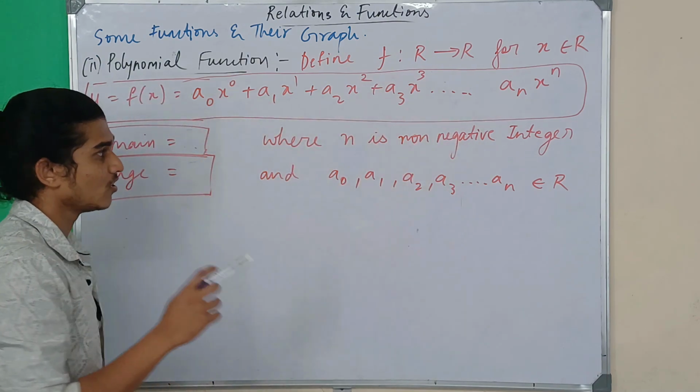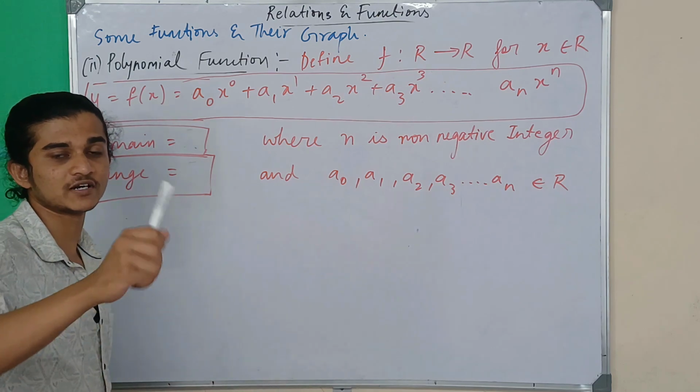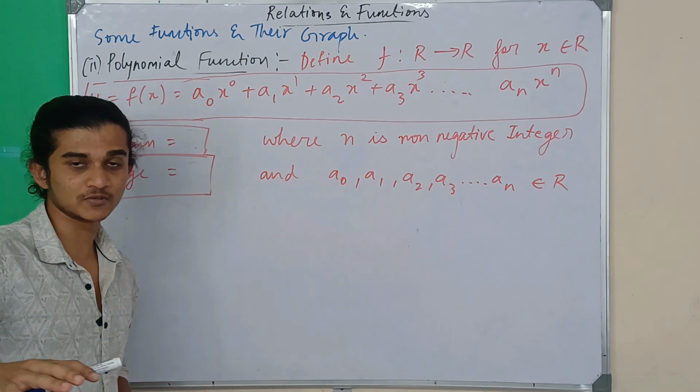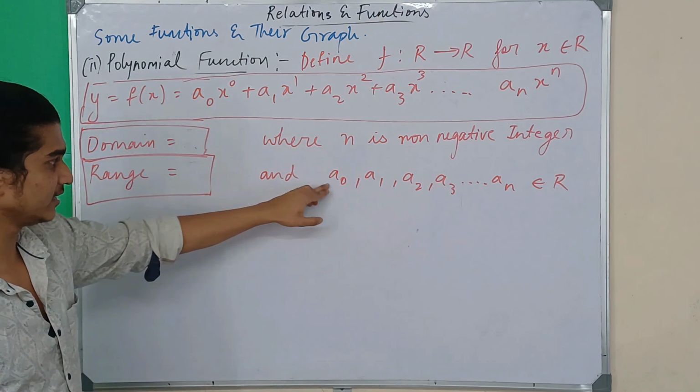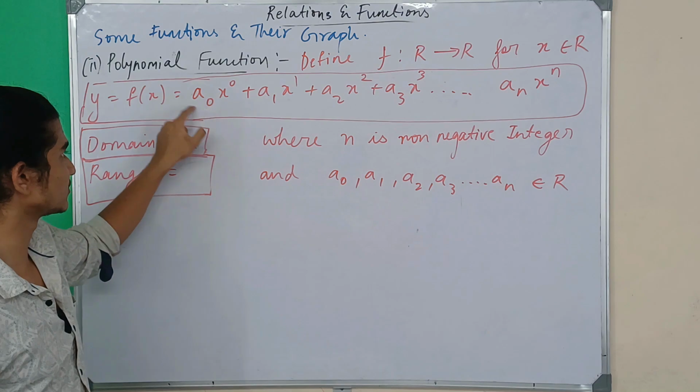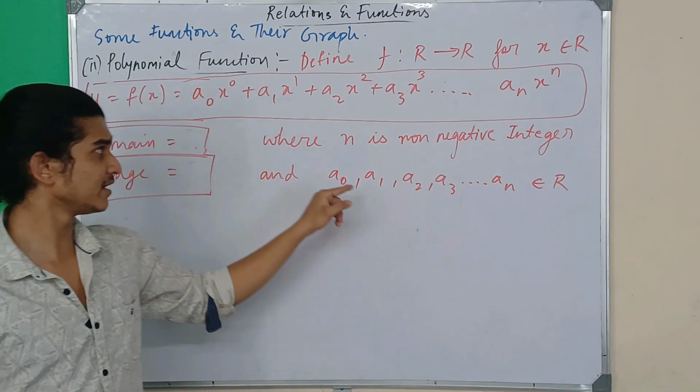Now your n is all non-negative integers, which is basically starting from 0, 1, 2, 3, 4, 5, 6, 7, 8, 9, 10. So all those kind of numbers are your n. And next, your a1, a2, these coefficients of x, are basically all real numbers. So keep this in mind.